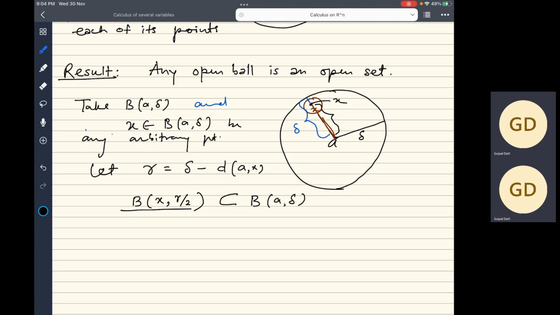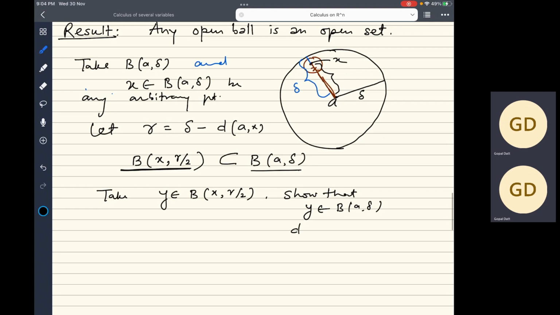You take any point from this set and show that this point belongs to B(A, delta). Take this Y and show that the distance between Y and A is less than delta.